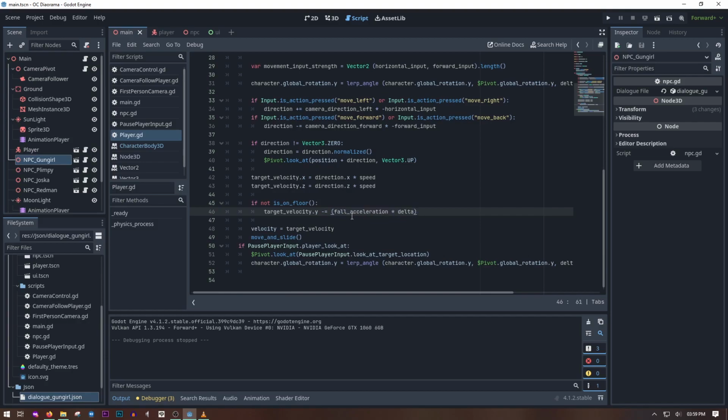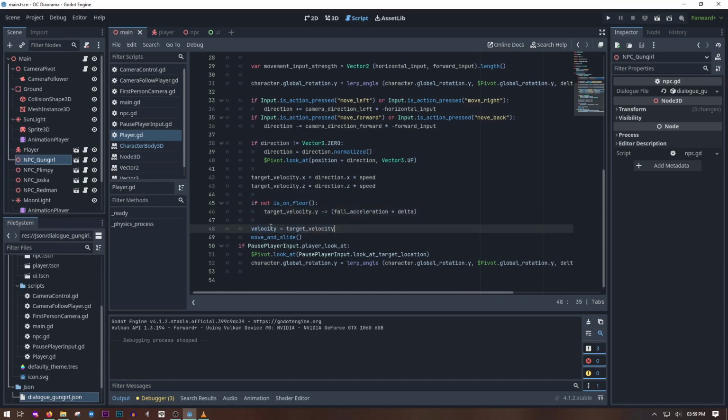So I accelerate downwards every frame, or I just fall every frame if I'm not on the floor. This game has not got jumping in mind, so it's not going to come into play that much, but just so that it has gravity. That's basically just gravity doing that.